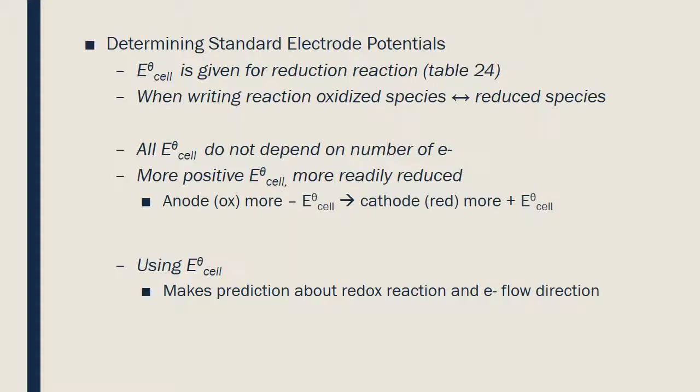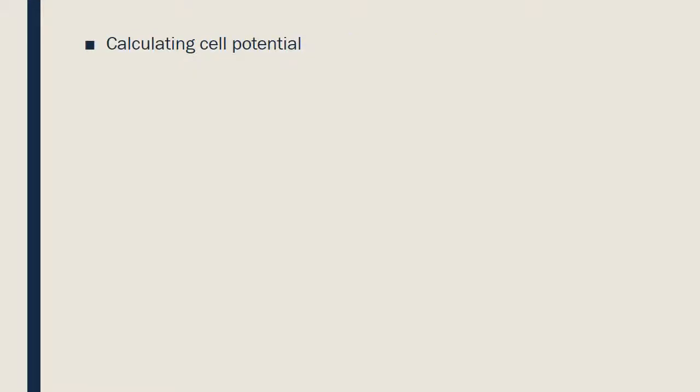Using your E theta data allows us to make a prediction about where the redox reaction is at, the direction of flow, and how much voltage is going to be created. Therefore, how do we calculate your E theta?